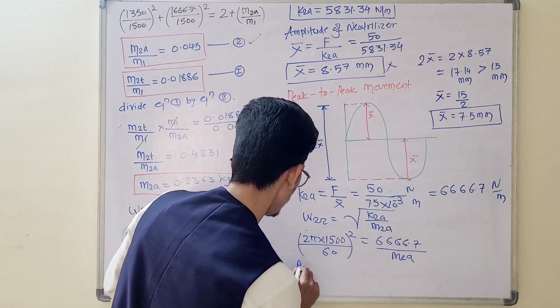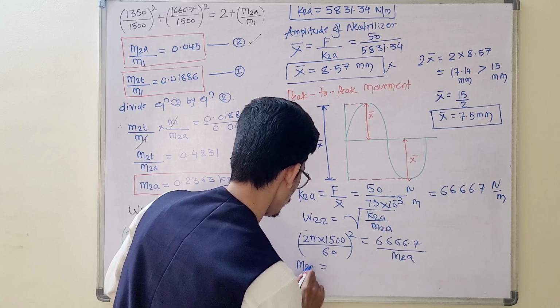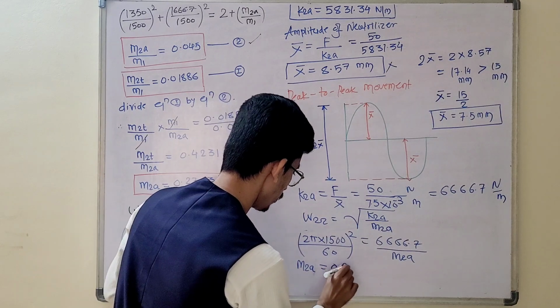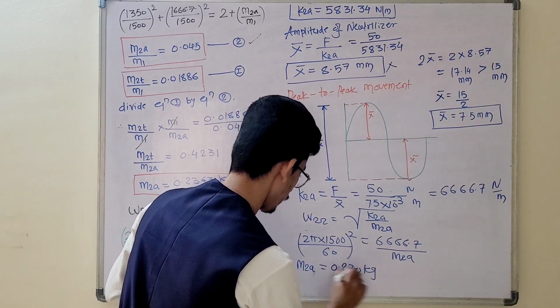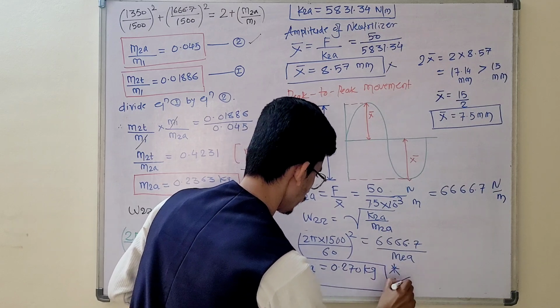Ultimately you will get M2A from here. And what is M2A obtained here? That is 0.270 kg. And this is the required final answer.